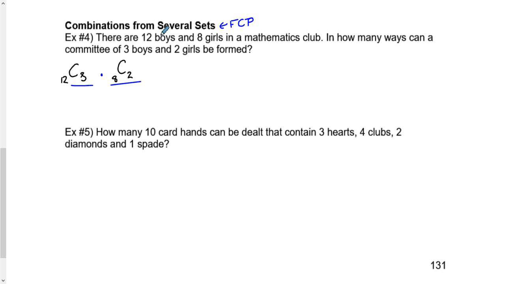Now, proportionally, that is still correct because a quarter of the boys are being selected and a quarter of the girls, so that's why there are obviously more boys. If you type this into your calculator, 12C3 is 220.